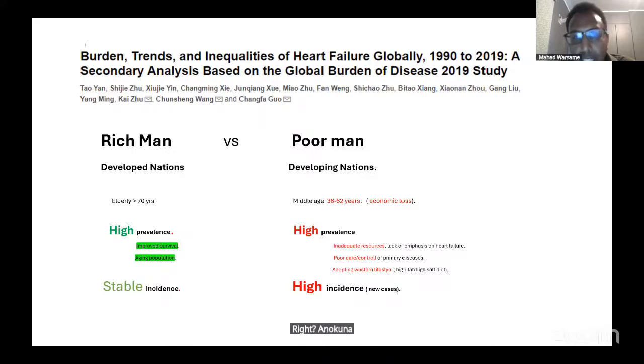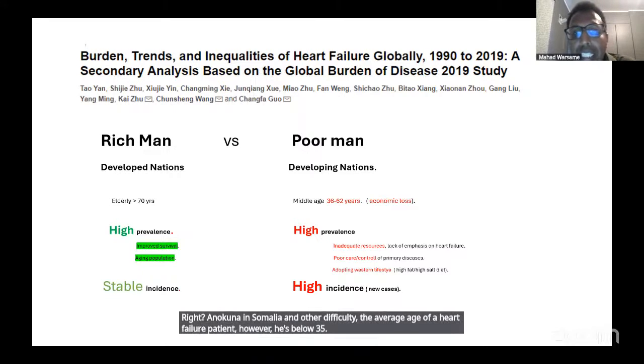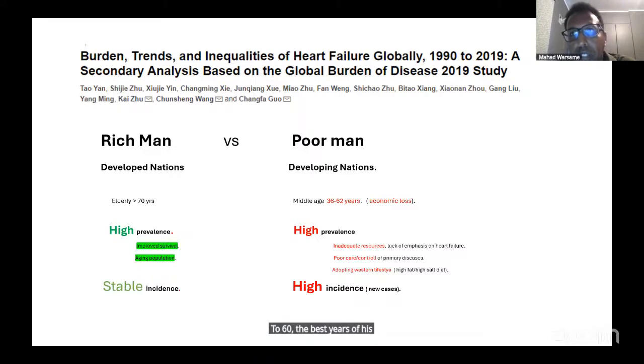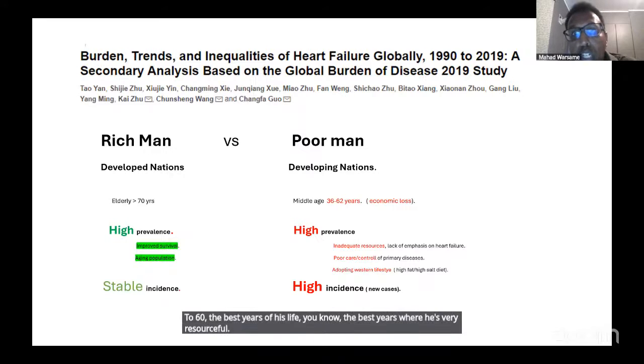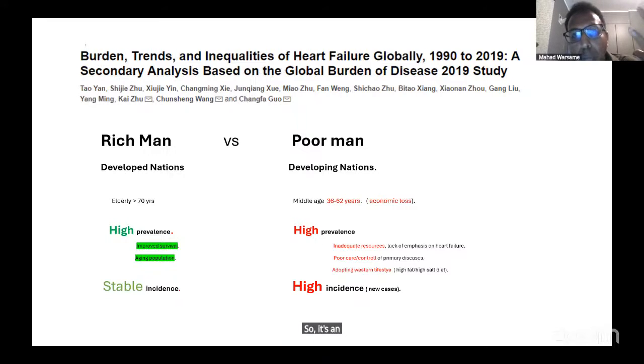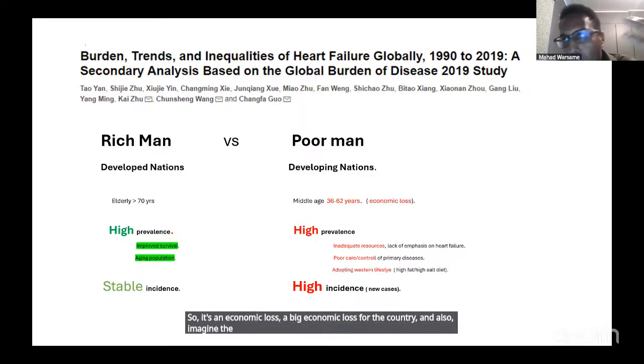In Somaliland or other developing countries, the average age of a heart failure patient is 35 till 60, the best years of his life, the years where he is very resourceful. So it's a big economic loss for the country.